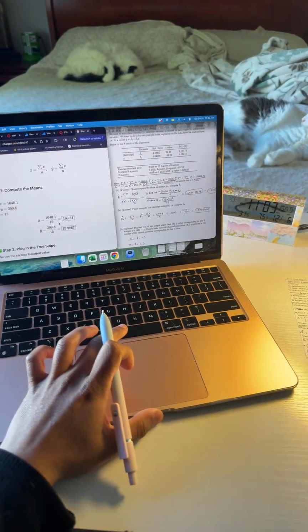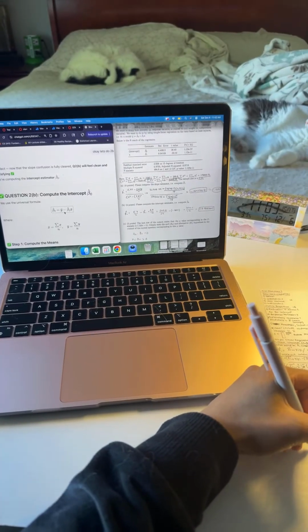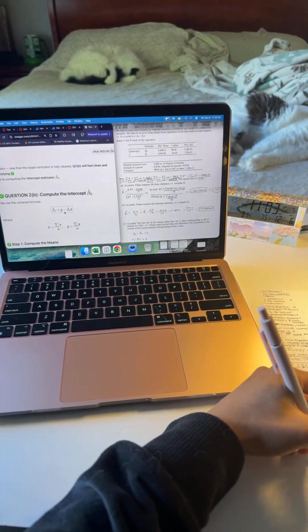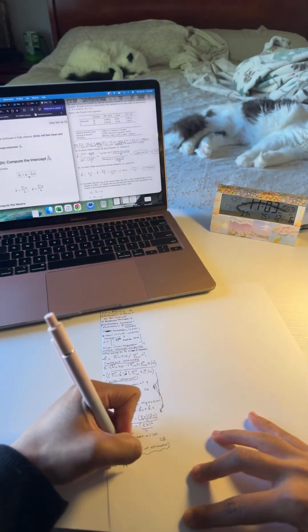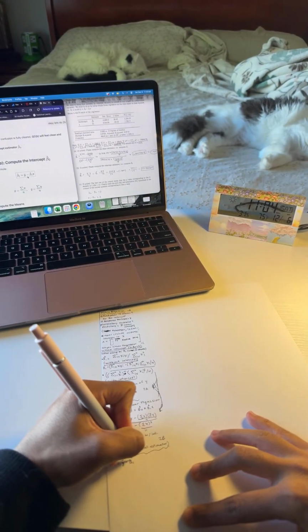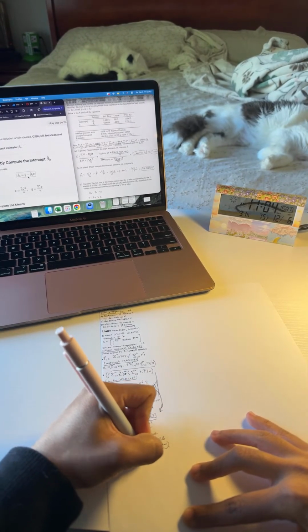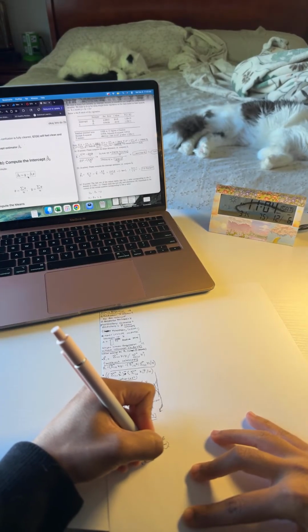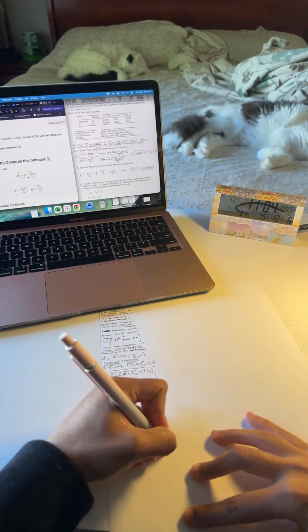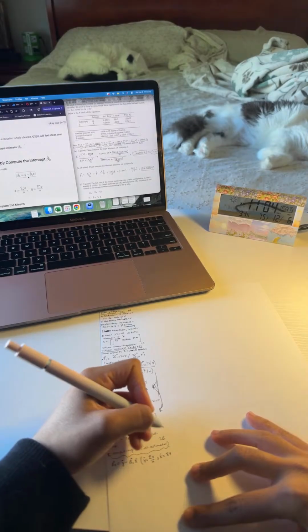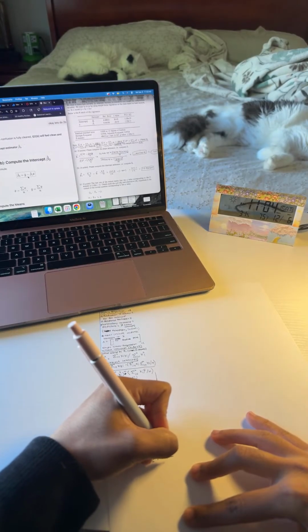So computing beta 0 hat, the intercept estimator, we have the formula beta 0 hat equals y bar minus beta 1 hat x bar, where x bar equals summation x over n and y bar equals summation y over n.